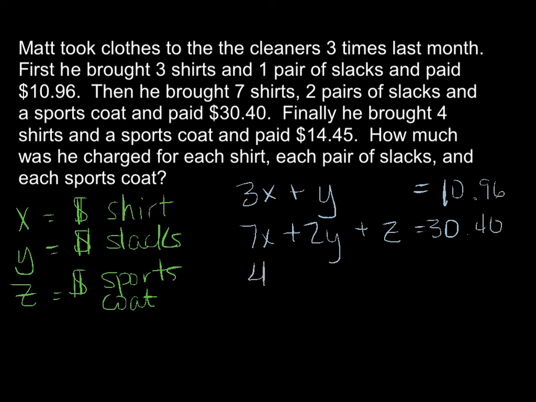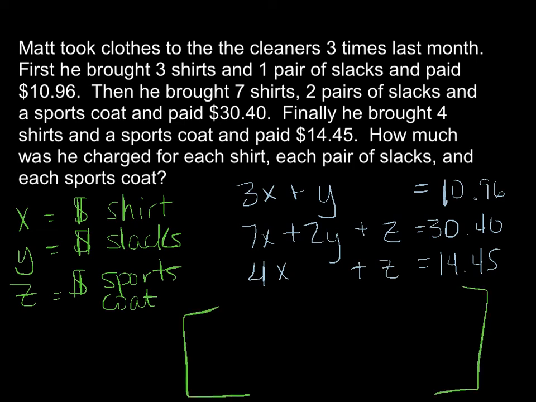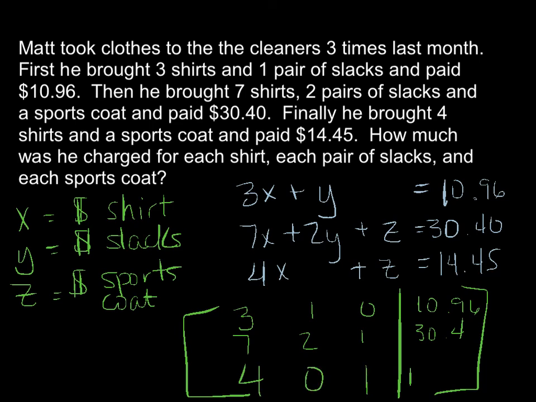Then we have 4 shirts and a sports coat for $14.45. So that's my system of equations. Now I need to set up a matrix. So I have 3, 1, 0, 10.96, 7, 2, 1, 30.4, and 4, 0, 1, 14.45.